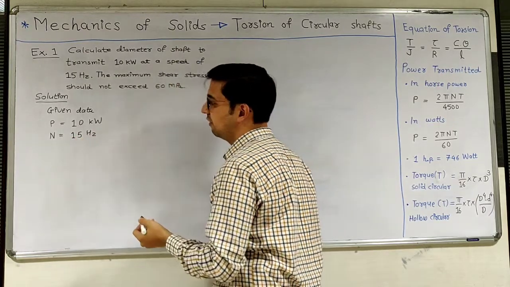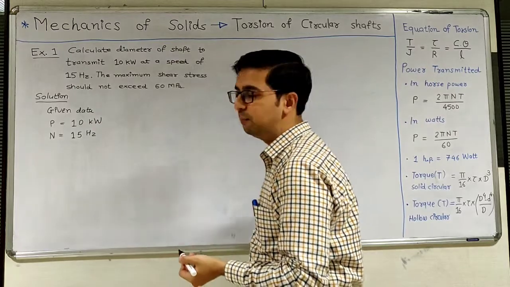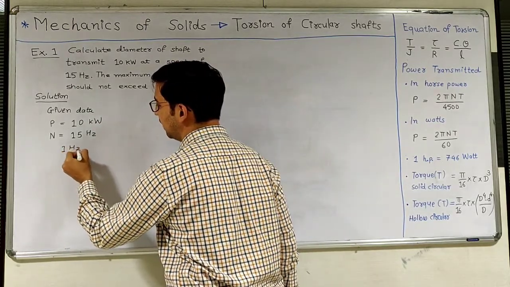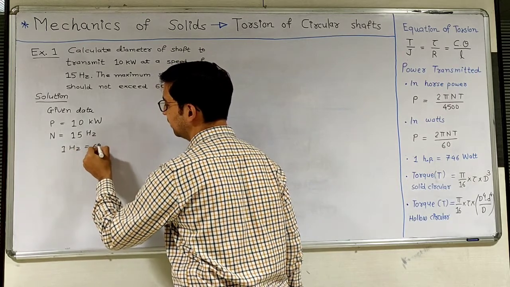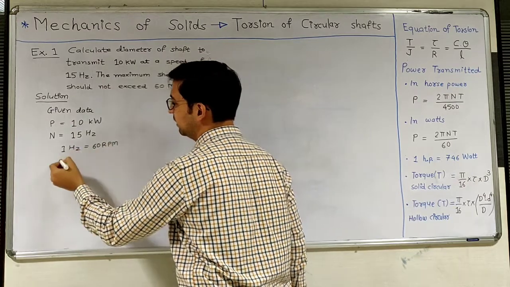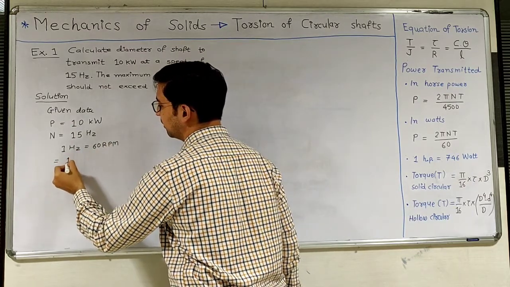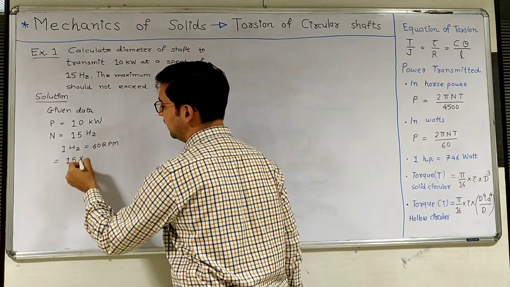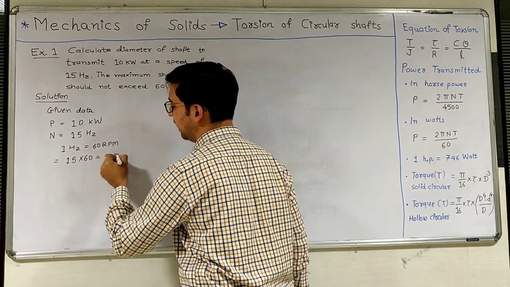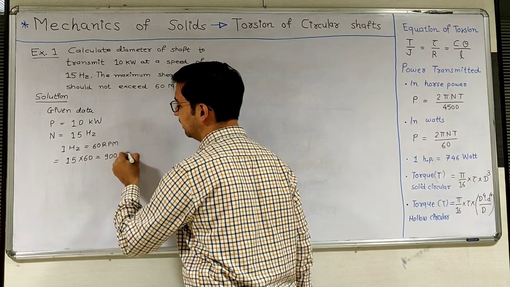We need to convert this speed into RPM. 1 hertz equal to 60 RPM. So 15 into 60, you will get the speed in RPM as 900.